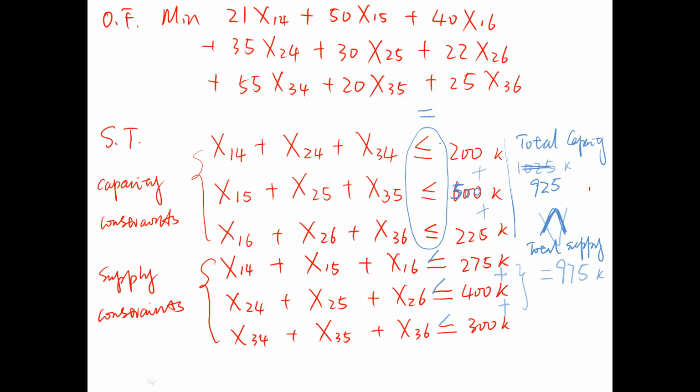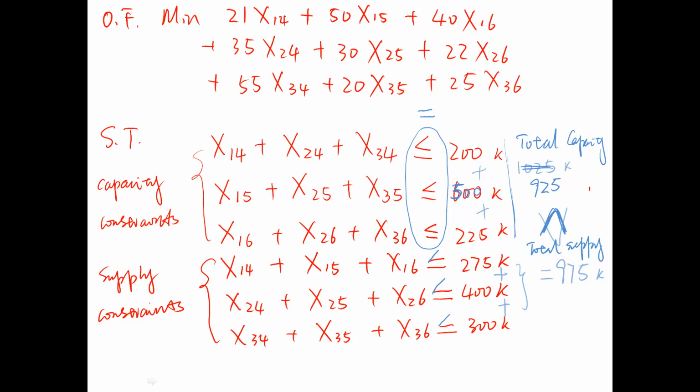And for these constraints, they have to be less than or equal to, because if we set equal to, the problem won't be able to find a solution. And we don't ship out more than what we have here. With the help of these equal signs, we make sure that only 925,000 bushels of citrus will be shipped out.